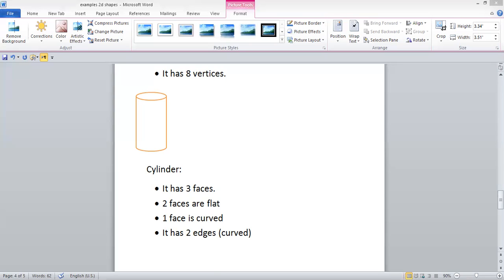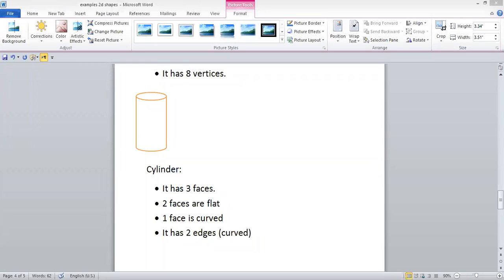And one of the faces is curved. There is only one edge, and that is a circular edge, like we studied in cylinder. And in cylinder there was no vertex, but there is one vertex in cone. When I show you the shape of cone, then you will be able to recognize it.